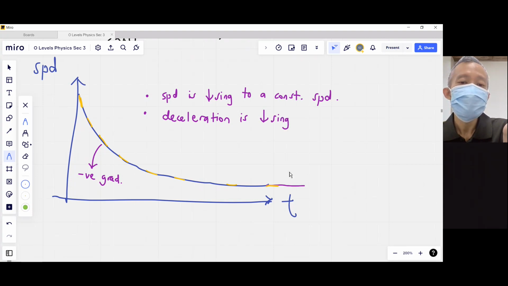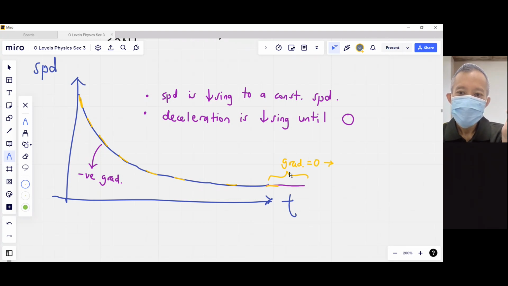So look at the slope. Steep means high deceleration or high acceleration. In this case, it's getting gentle, so that means deceleration is decreasing until zero. Here the gradient is zero, which you must be able to tell.